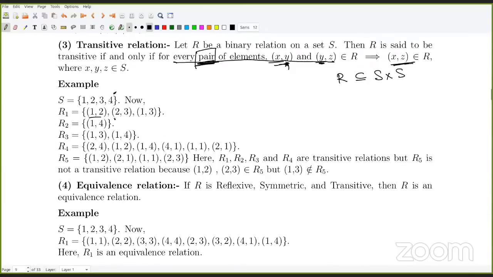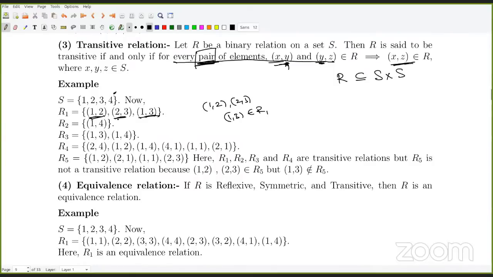In my relation, there are (1,2), (2,3), such that it is like (X,Y), (Y,Z). So for this particular pair, I should have (1,3) in my relation. So just check whether (1,3) is present in relation R or not. So (1,3) is present. So with respect to this element, this is transitive.